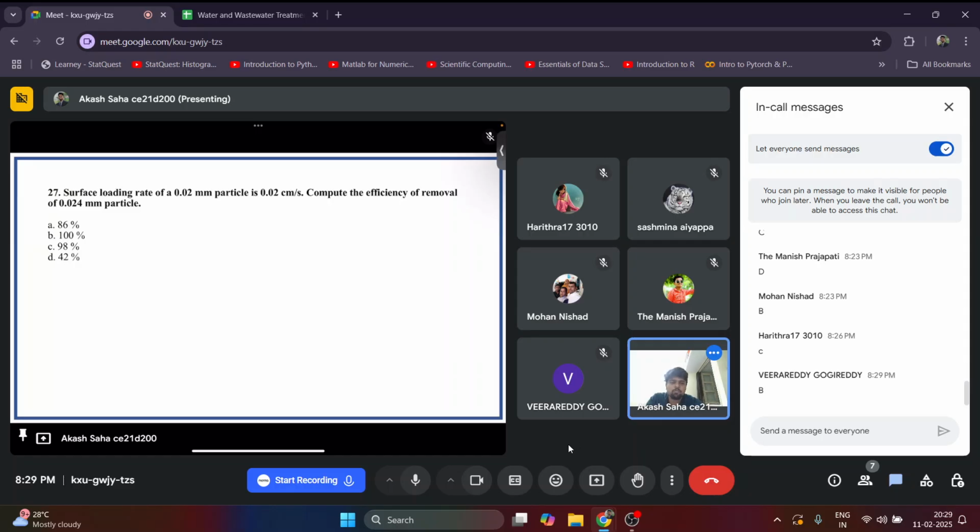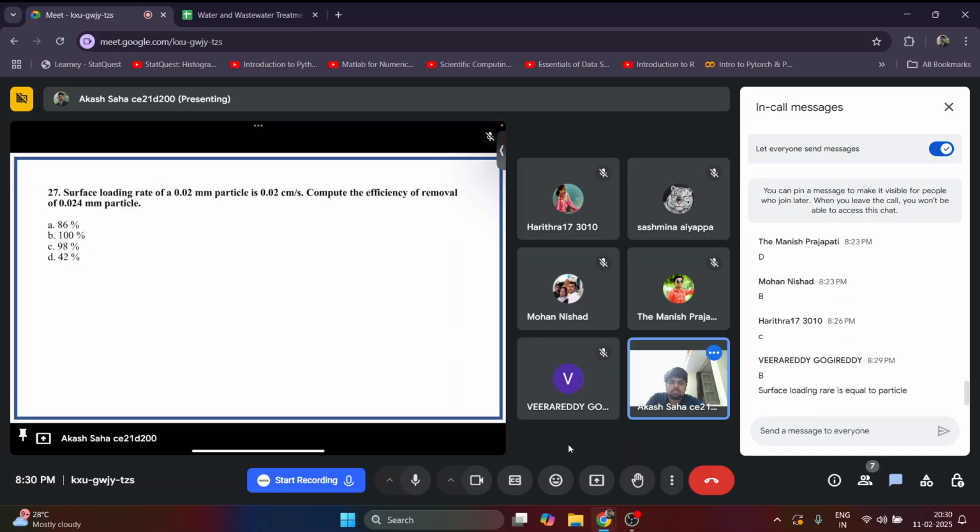B, 100%. Why do you think so? Why would it be 100%? No. The idea behind it is that if the surface loading is designed for a 0.02 mm particle, any particle which has a diameter more than that will definitely be removed.